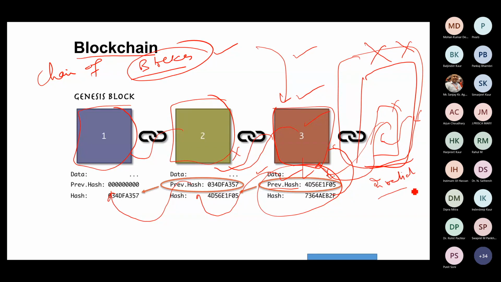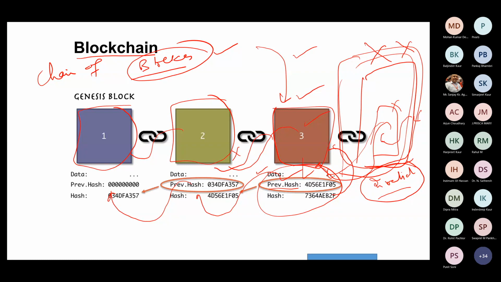And for that chain to become valid, the attacker would have to compromise all the subsequent blocks from block number 3 onwards. He has to change the hash value for all of these blocks at the same instant of time, which is quite impossible, as we are dealing with a large number of nodes and we don't know where a particular node is located.